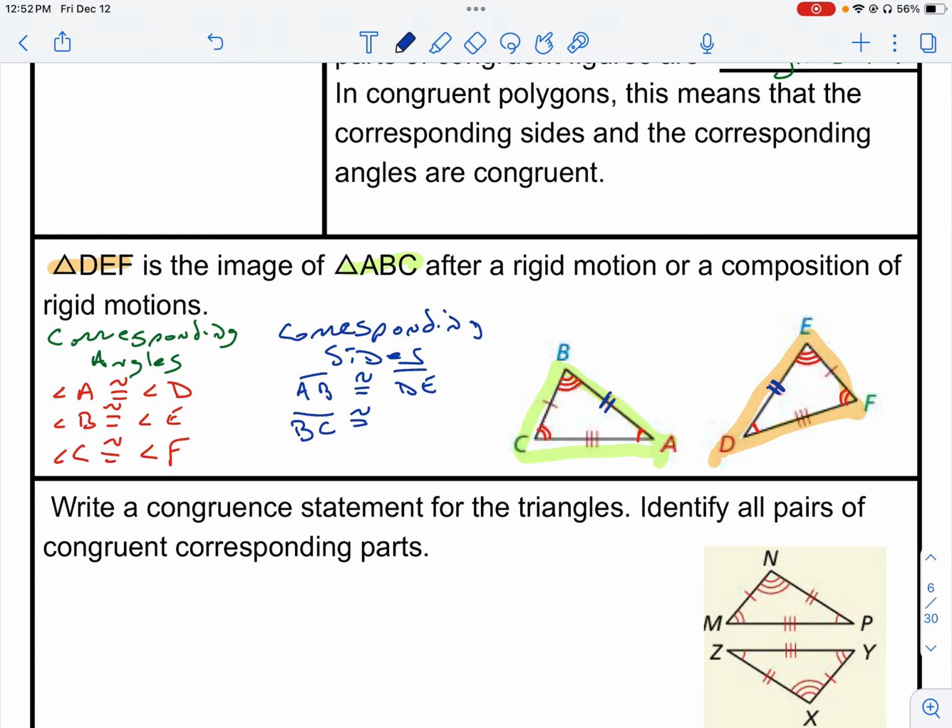BC is congruent to EF. And then AC is congruent to DF because that's all we have left, and they each have 3 tick marks, so we can clearly see that's the case. So we go right down the line, 1, 2, 3, 1, 2, 3. The name of the triangle matches up the like parts to the like parts.